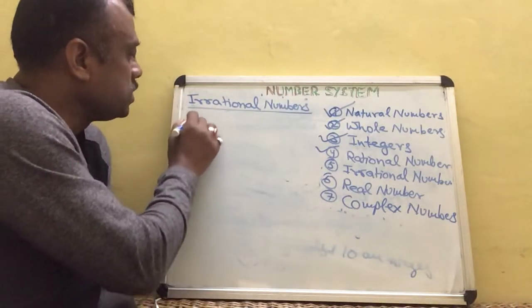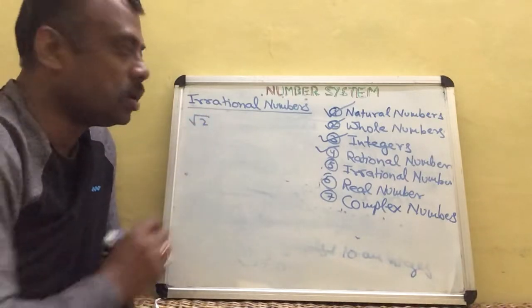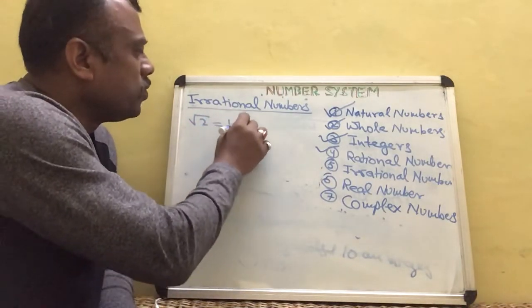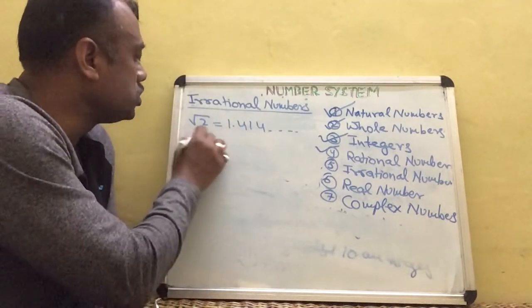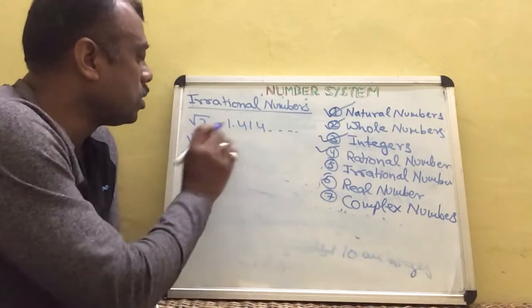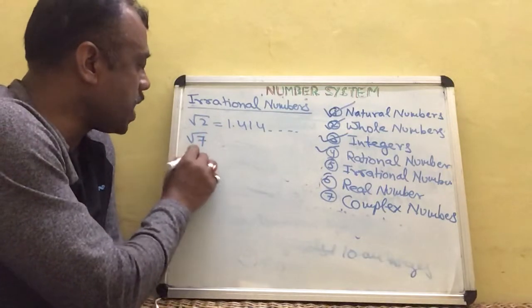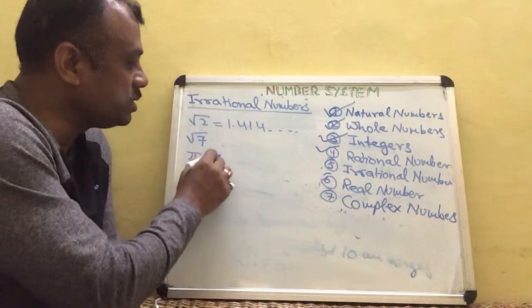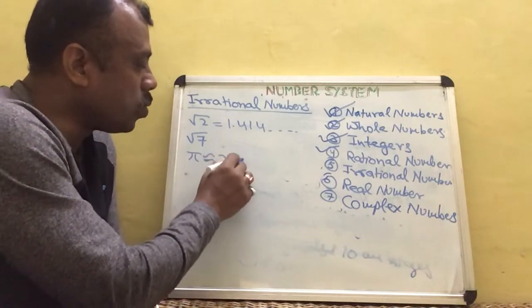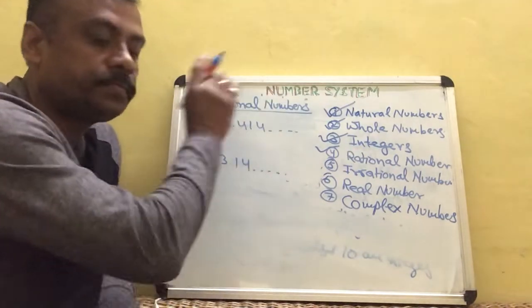Let us have this number root 2, which is 1.414 and so on, or root 7, or pi. As we know, the approximate value of pi is 3.14 and so on.